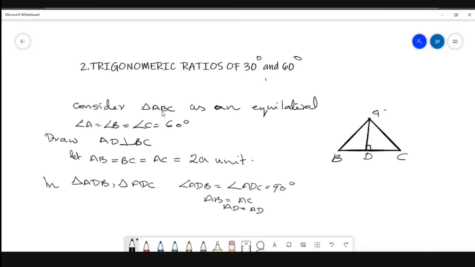AD and AD are common side, AB and AC are sides of the equilateral triangle.